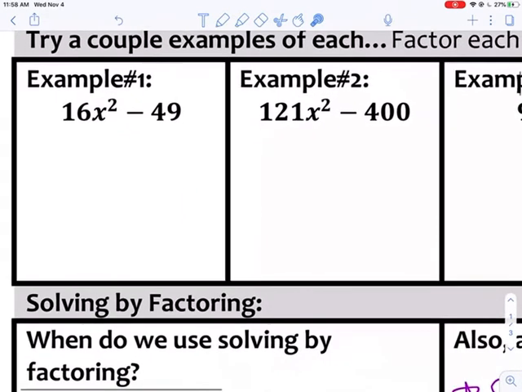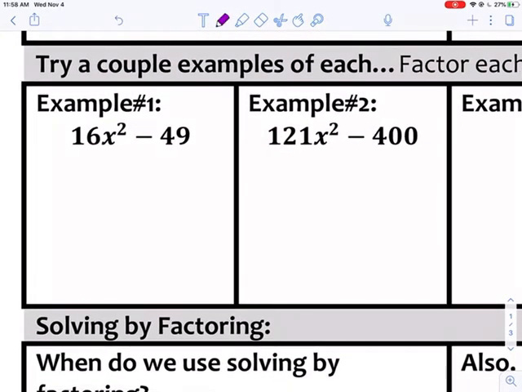So let's look at a couple of these. So here's some difference of squares. You can tell because there are two terms with a minus sign, an x squared and a constant, like we talked about above. So in order to solve this, we're going to have both of our factors set up. I know I'm going to have 1 plus, 1 minus, and all I'm going to do is square root it.